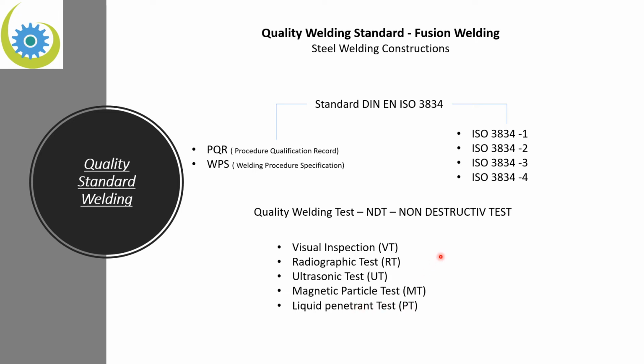Which one you apply depends on the requirements and on your parts. Are they steel parts, non-alloyed, alloyed, magnetic, non-magnetic, etc.? For example, if you have steel parts which are non-magnetic and you want to apply the MT, magnetic particle test, it makes no sense.